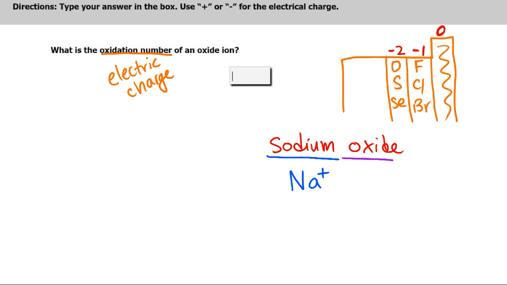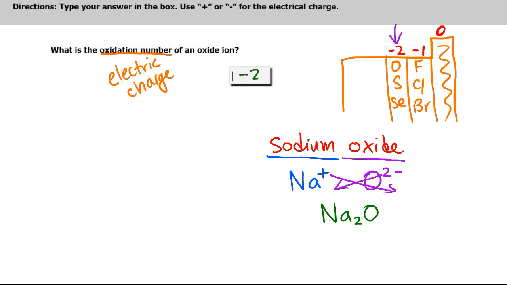Oxide, it's one of those ones you just have to remember, has an oxidation state of -2, being in this family. So if you do the switchy trick, you would get a final formula of Na2O. That's just a reminder of how oxidation states work in naming, but for this particular example, the oxidation state of the oxide ion is simply 2- or -2.